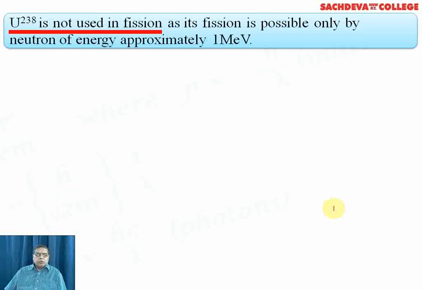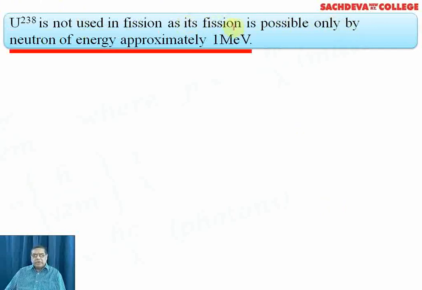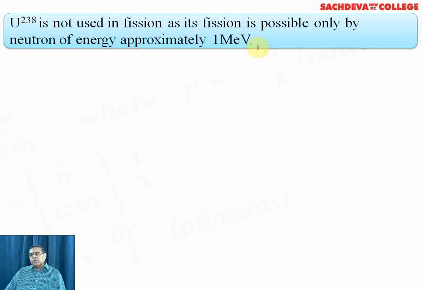Now uranium-238 is not basically used for fission because fission is possible only by neutrons of energy approximately 1 to 1.2 MeV, and uranium-238 is more stable as compared to uranium-235. So uranium-238 is otherwise bombarded by a slightly faster neutron and then it transforms into 92 uranium-239.